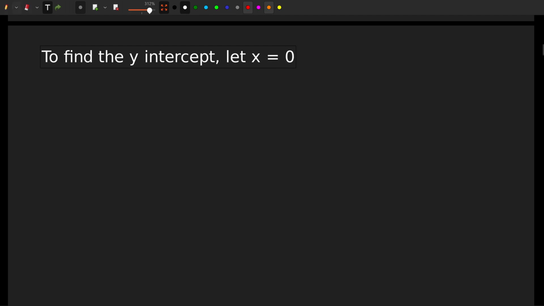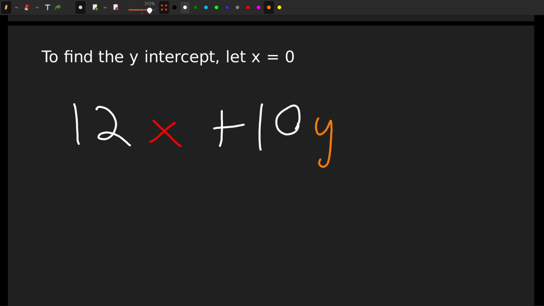Okay? So let's take our same equation and do the same thing there. So I'm going to have 12x plus 10y is now equal to 5. I'm going to let x equal 0.